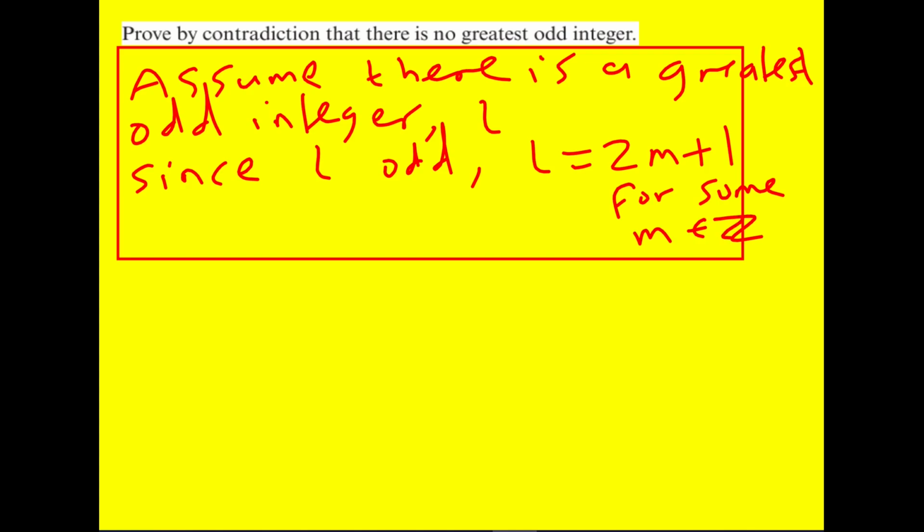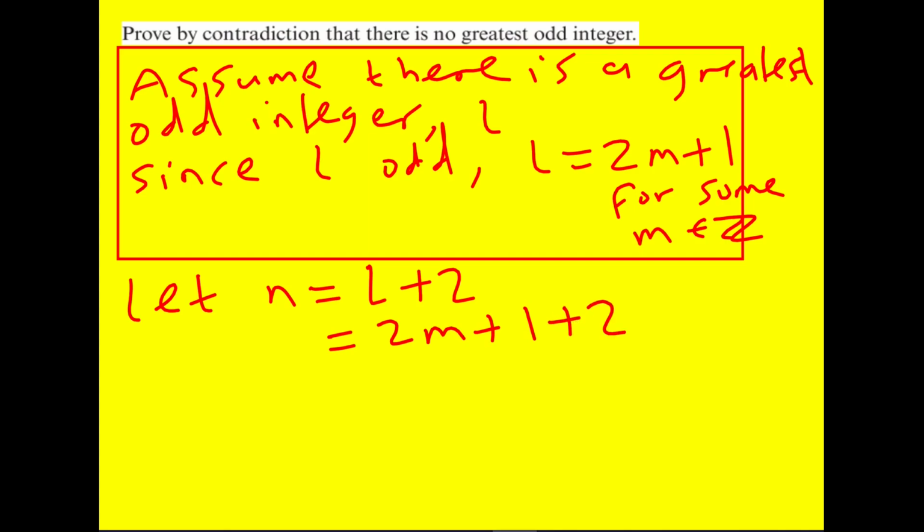Okay, let n equal L plus 2. So there's nothing stopping me mathematically to add 2 to something. And then it will equal 2m plus 1 plus 2, which I can then write as 2(m plus 1) plus 1. I've just factorized the first and the last term.